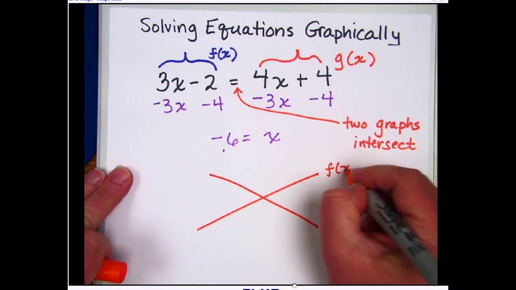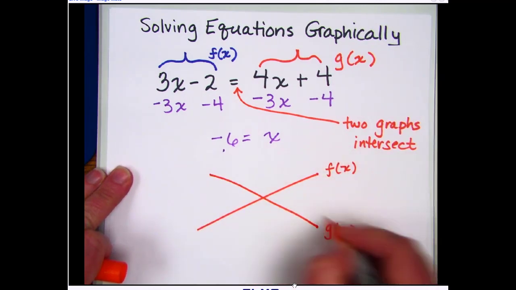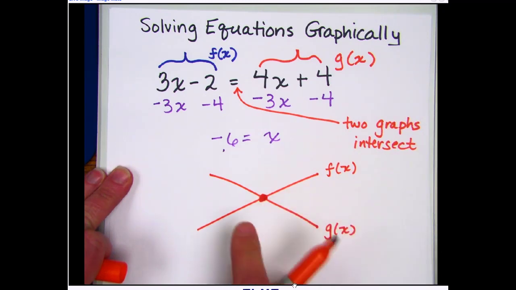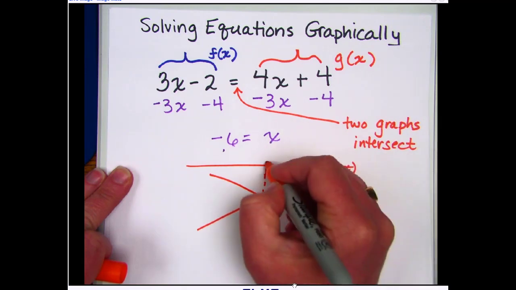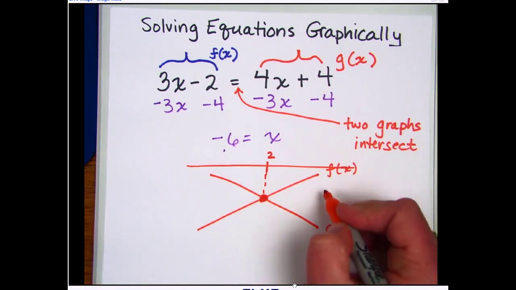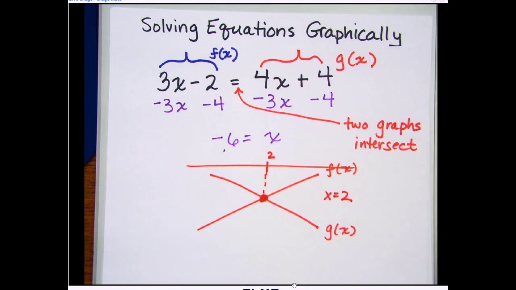If this was my f of x and this was my g of x, they'd be equal right here. And what I would do is read off the corresponding x value. Let's say it's 2. So I say x equals 2 would be my solution. Okay?